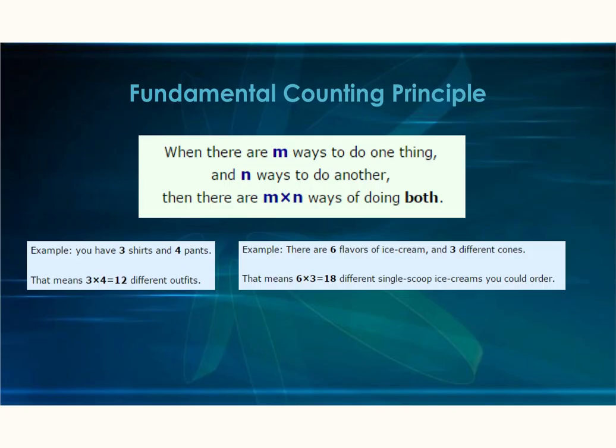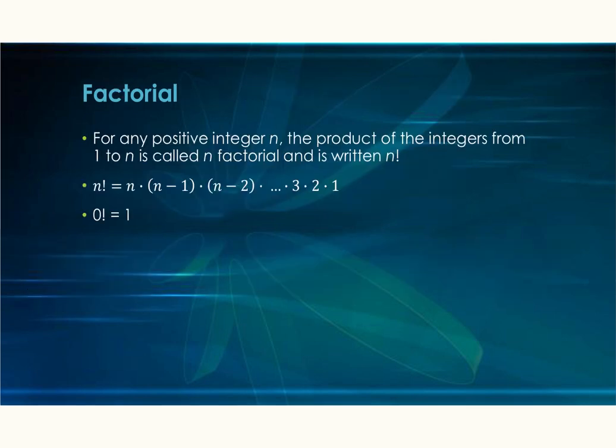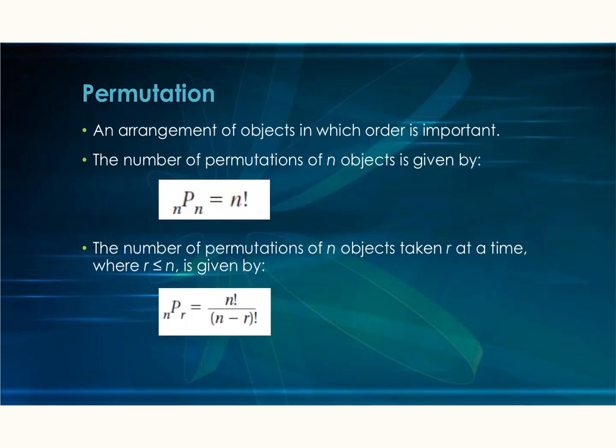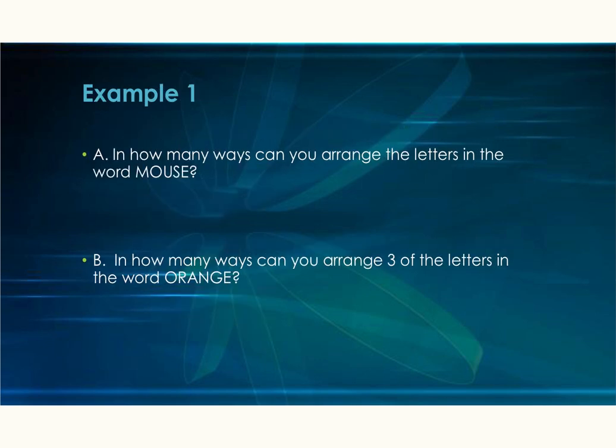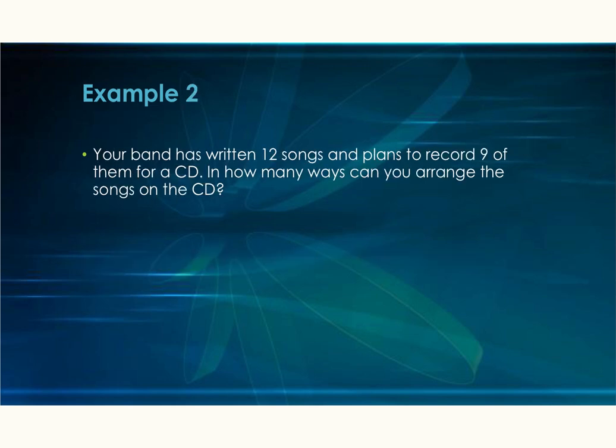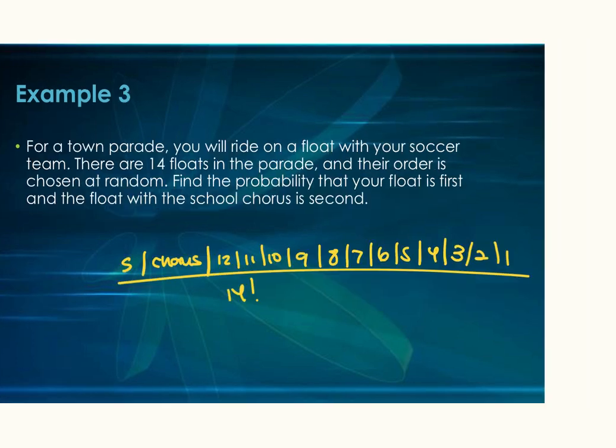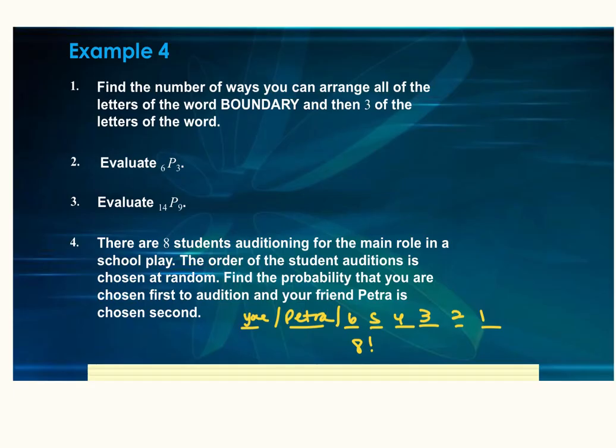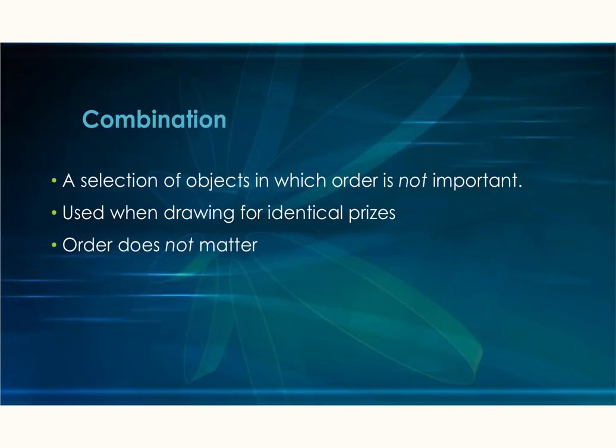So a combination is a selection of objects in which order is not important.